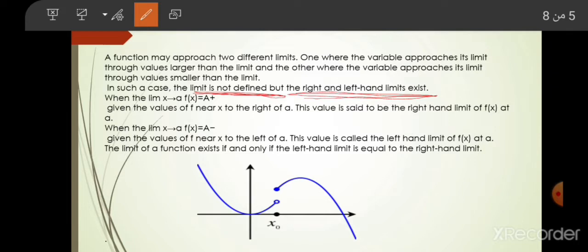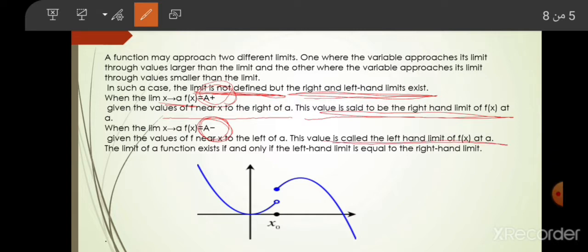When x gets near a, for f of x, when we have a plus, the values of f near x to the right of a, this value is said to be the right hand limit. When x gets near to the left of a, here a minus, this value is called the left hand limit.